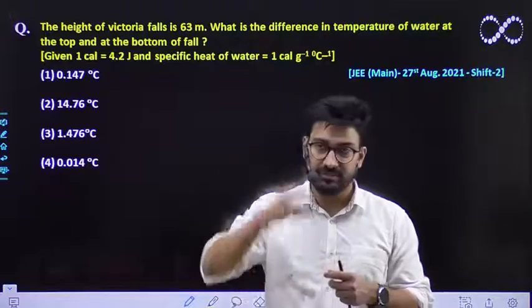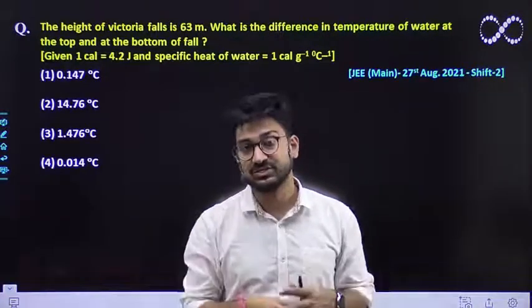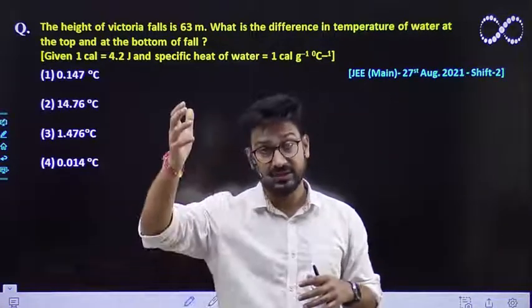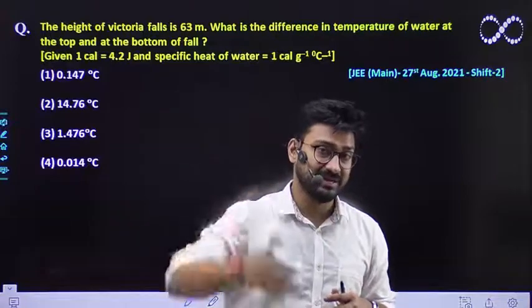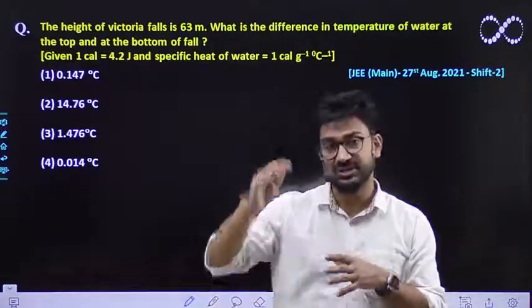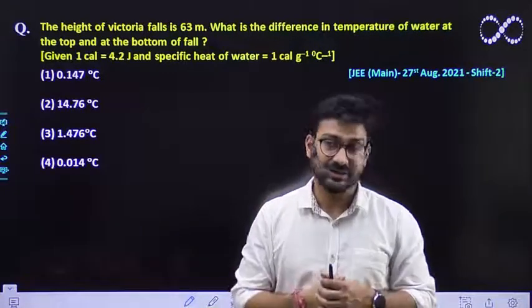Obviously while it falls down, its temperature would increase. So we need not think about kinetic energy possessed by that mass. That means entire potential energy has to be converted into gain in its heat.